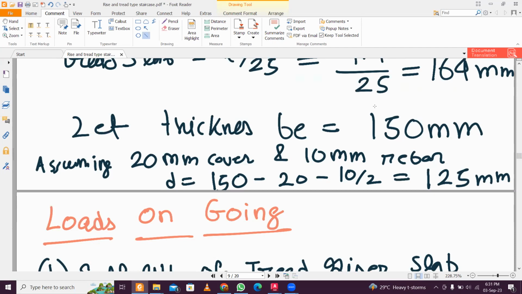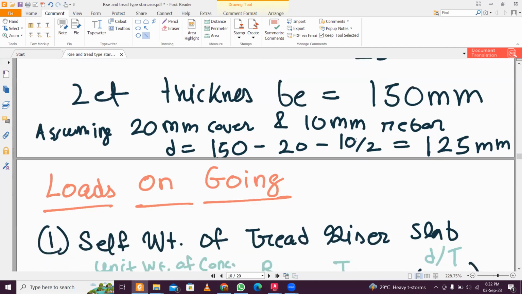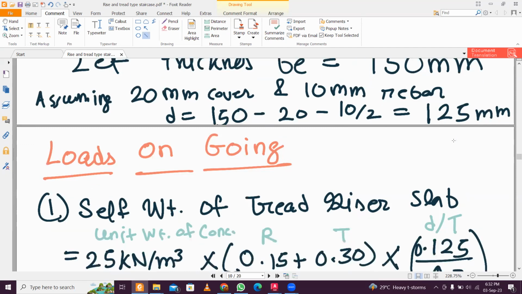Because in a 150 mm slab, it is easier to bind 8 mm than 10 mm, and 10 mm than 12 mm manually. Since this project involves a 150 mm slab, for easier binding I'm taking a 10 mm bar and will try to make the structure pass with it. So it comes to 125 mm.